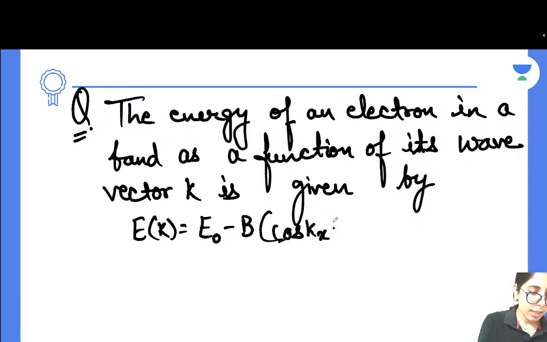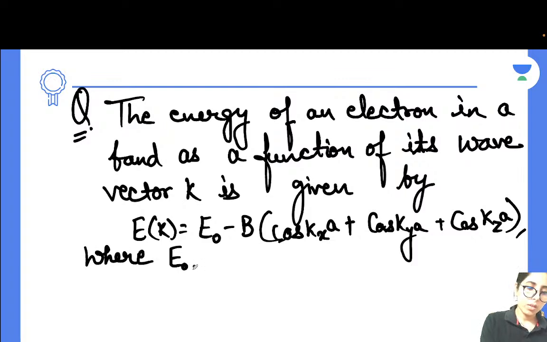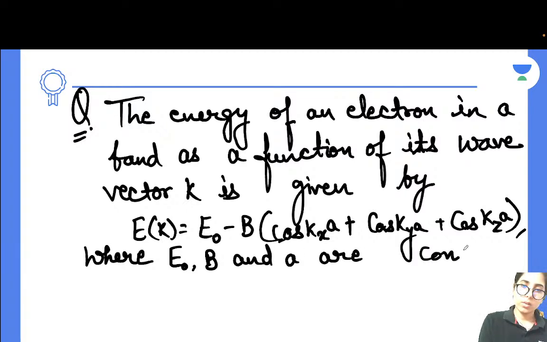cos kxa plus cos kya plus cos kza, where E naught, B and A are constants.